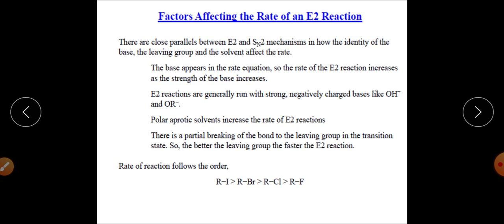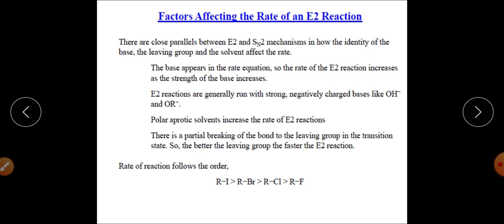When we talk about the E2 reaction, we should know that this kind of reaction generally runs with strong bases like OH negative and OR negative. The second point is the nature of the solvent.